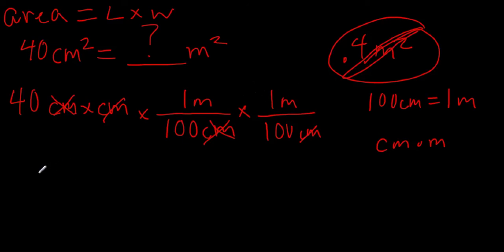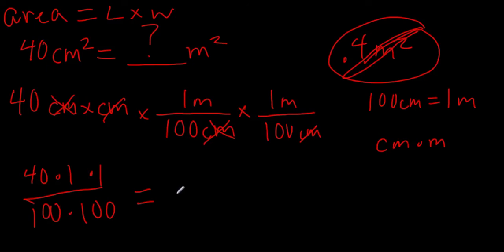So to finish this, I have 40 times 1 times 1 divided by 100 times 100, which really is 40 divided by 100 times 100, or 0.004 square meters.